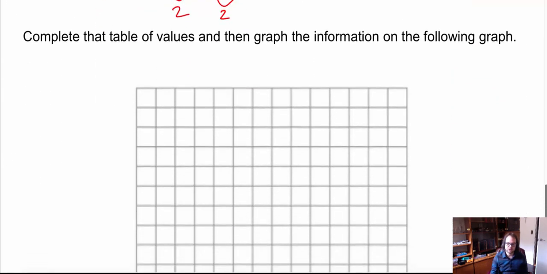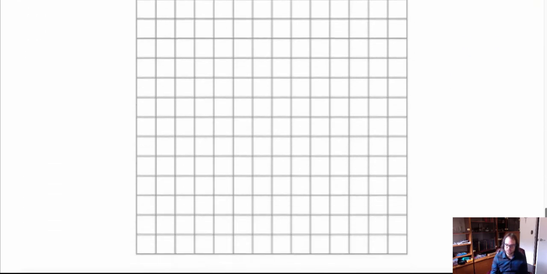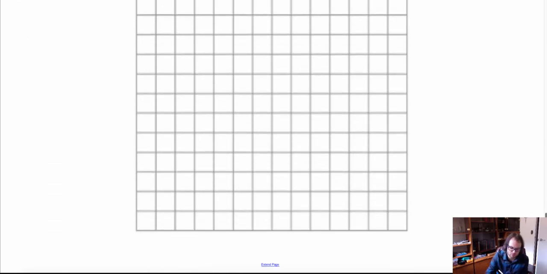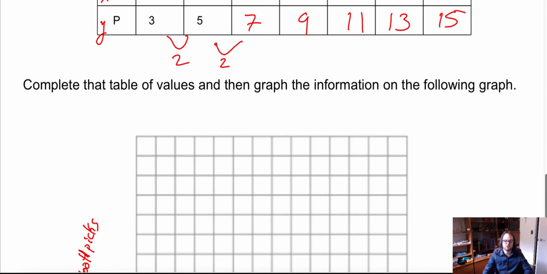So we know toothpicks is going to be my y value, so this is the number of toothpicks. And my x is the number of triangles. The title of the graph is going to be triangles to toothpicks.